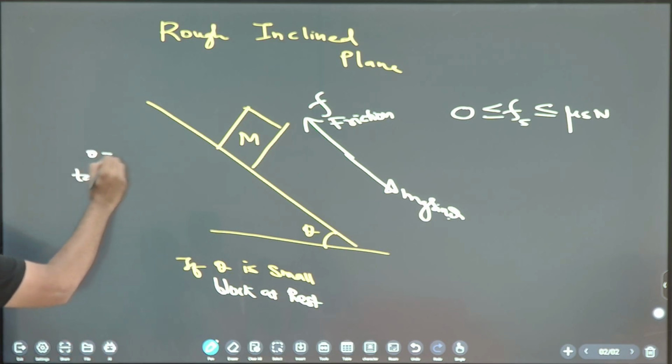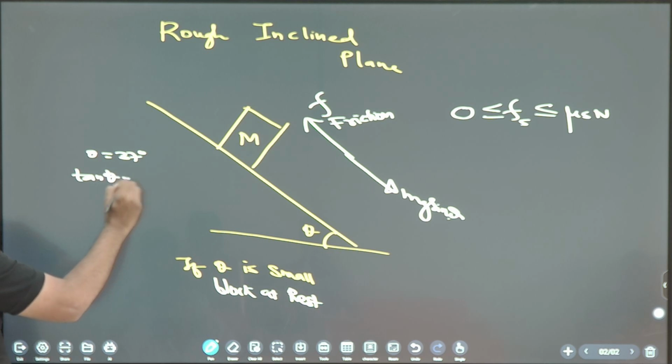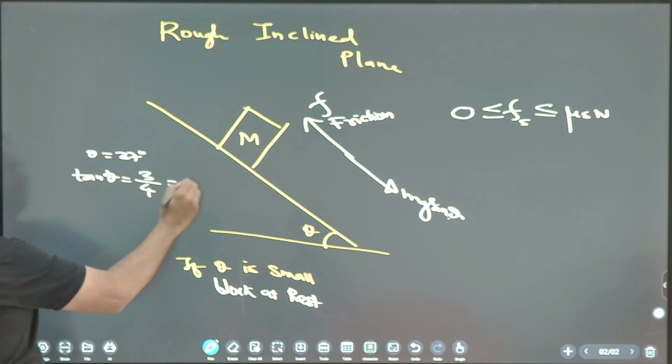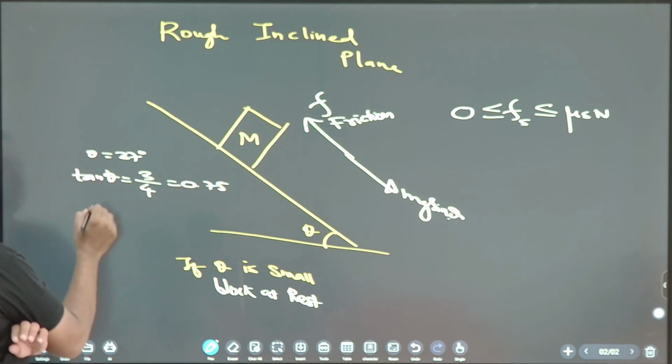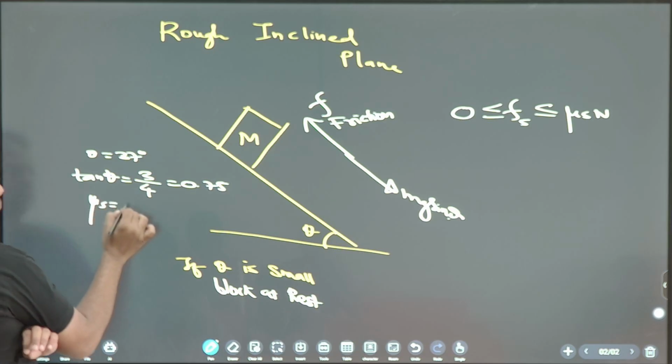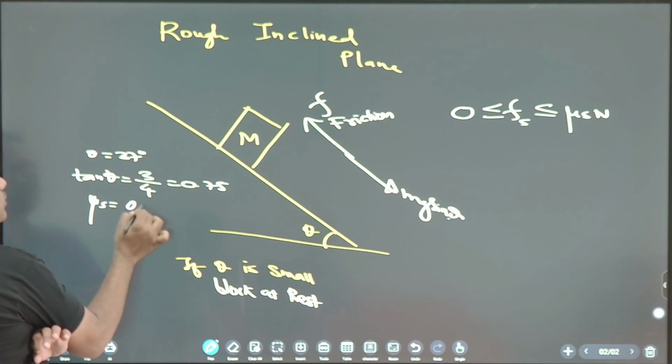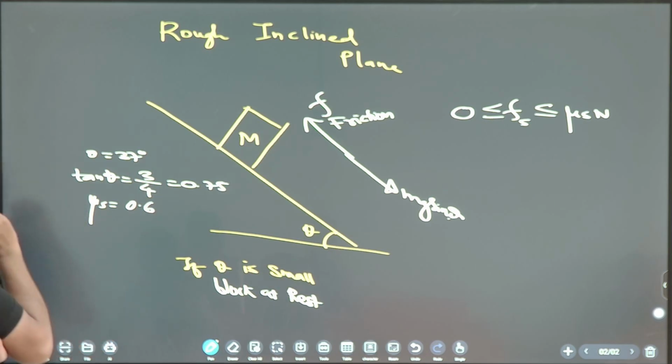Suppose theta is equal to 37 degrees. So what is tan theta? 3 by 4, meaning 0.75, correct? And suppose I am giving mu s equal to 0.6.